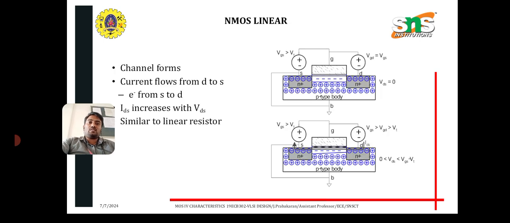And next one is NMOS linear, that is called triode. Condition is VGS, gate source voltage, greater than threshold voltage VT, and VDS less than VGS minus VTH.